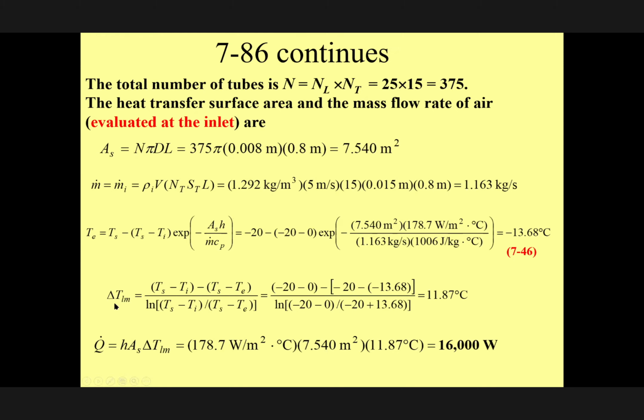Because in order to calculate the log mean temperature, I need to know the temperature coming in, the temperature of the surface, and the exit temperature. Therefore, to calculate the exit temperature, we have to use this equation, because the temperature of the air as it goes in changes exponentially, okay? Okay, thank you.